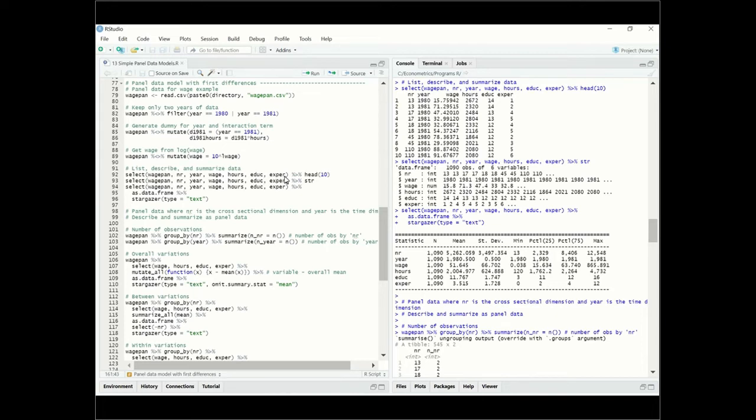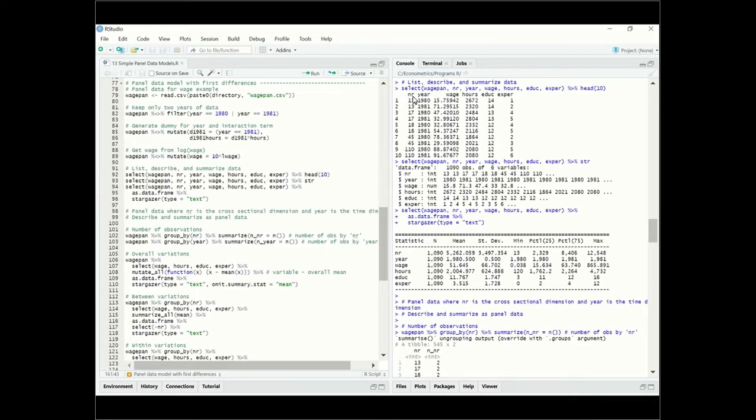Now we are going to get the first 10 observations of this data. We will see the structure, and then we will use Stargazer to find summary statistics for the data.